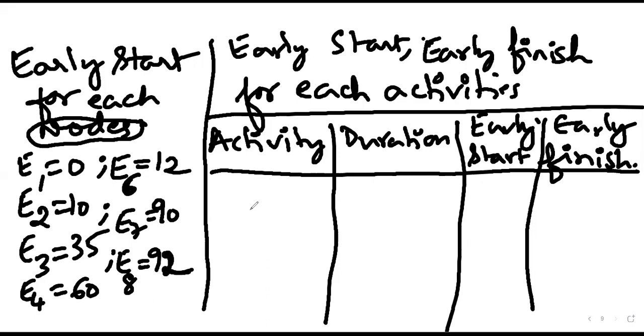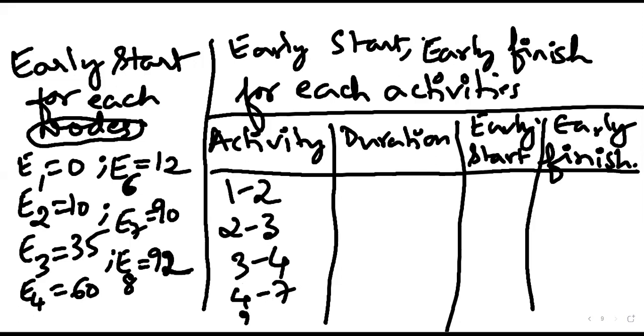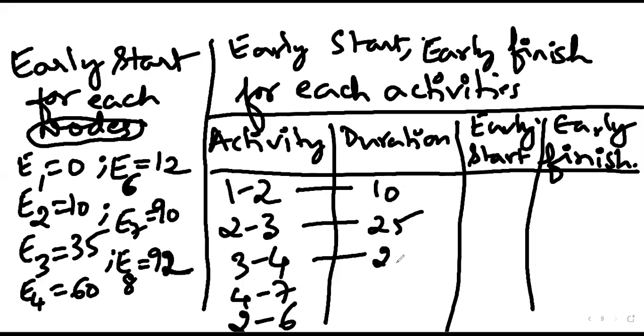So what are the different activities? 1-2, 2-3, 3-4, 4-7, 2-6. Durations: 1-2 was 10. 2-3 was 25. 3-4 was 25 again. 4-7 is how much? 30, I guess. Is it right?